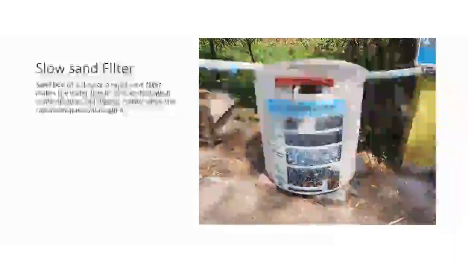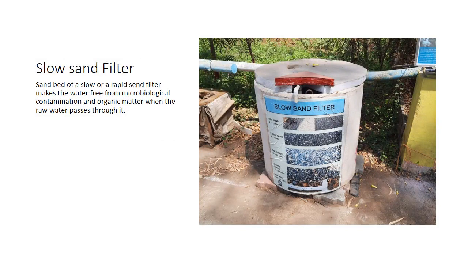depend on surface water for drinking water supply usually have a rapid sand filter or a slow sand filter. There is a small difference between the design of the sand bed as far as a rapid sand filter and a slow sand filter is concerned.